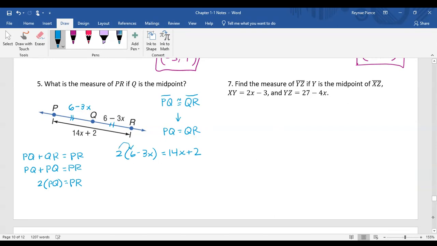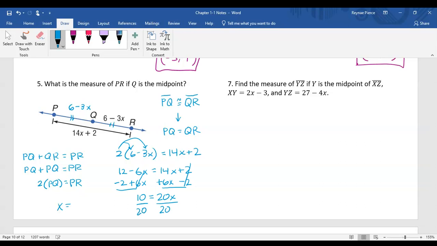We're going to distribute: 12 minus 6x equals 14x plus 2. Personally, I'm going to add 6x to both sides, subtract 2. I've got then 10 equals 20x, and then divide both sides by 20.